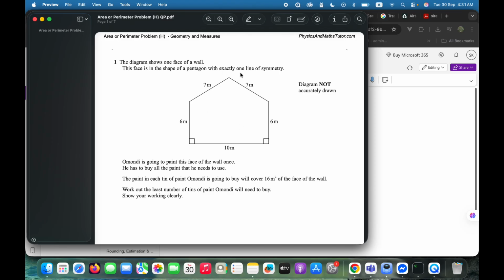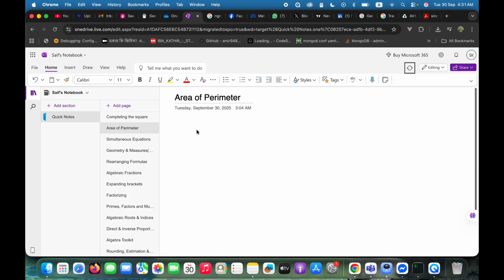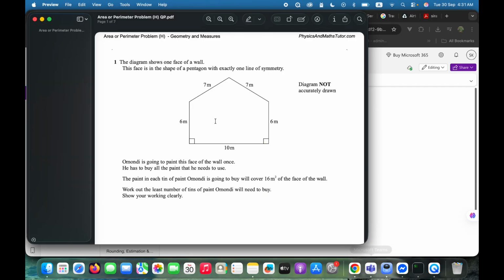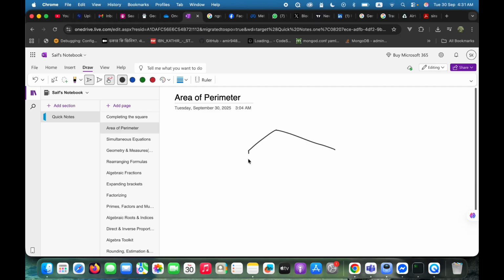So let's just draw this pentagon here. Okay, this is the pentagon.